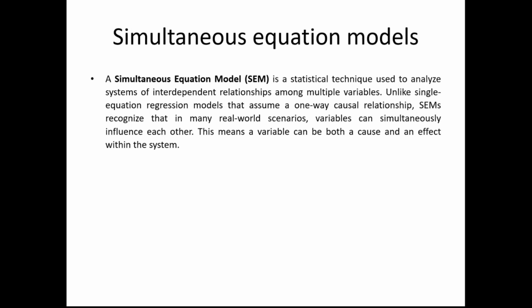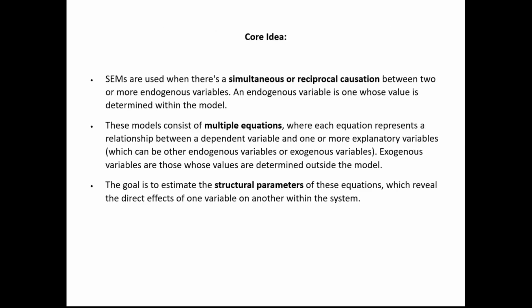This means that variables can be both a cause as well as an effect within the system. So in a simultaneous equation model, you're looking at the general equilibrium frame, not the partial equilibrium frame. And the core idea is that simultaneous equation models are used when simultaneous or reciprocal causation between two or more endogenous variables exists.